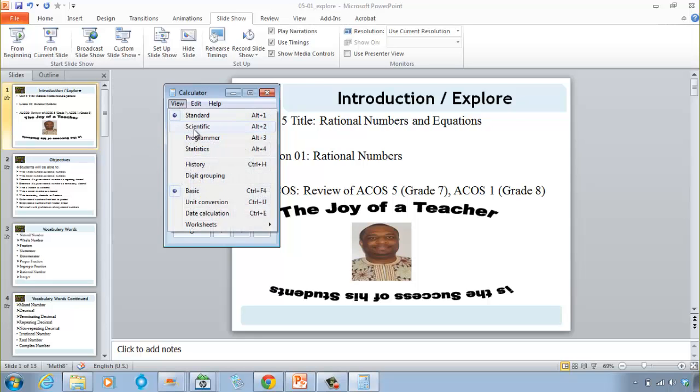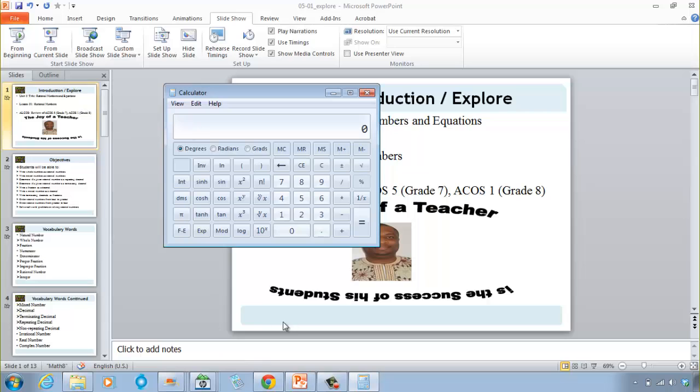So go to view, change it to scientific, and you will see pi right here. This is pi. And when you click on it, you see it's an irrational number. It keeps moving on infinitely or indefinitely, and the digits do not repeat. There's no pattern or sequence of repeating digits.